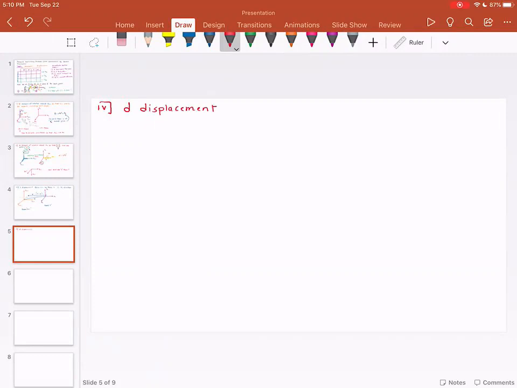D displacement is between frame n minus 1 to frame n in zn minus 1 direction.